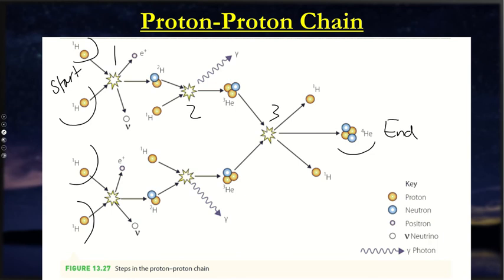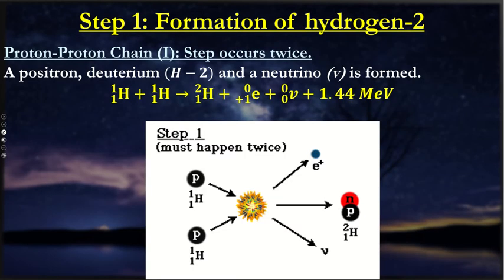Okay? So the first step, and this step occurs twice, is you have 2 protons that collide, and that would create hydrogen 2, deuterium. It will create a positron, and an elementary particle that's not known to you right now, but we will talk about later on, called the neutrino.